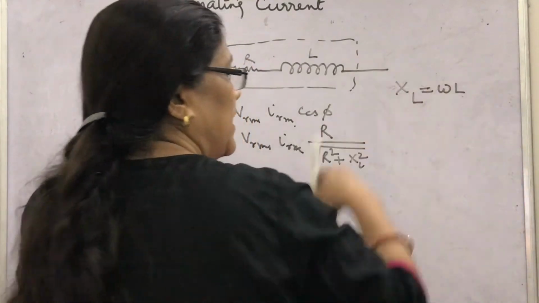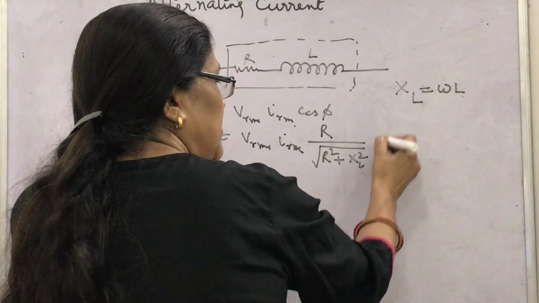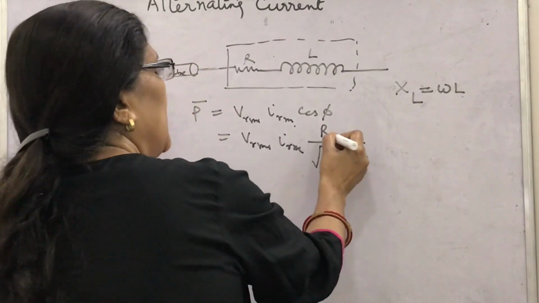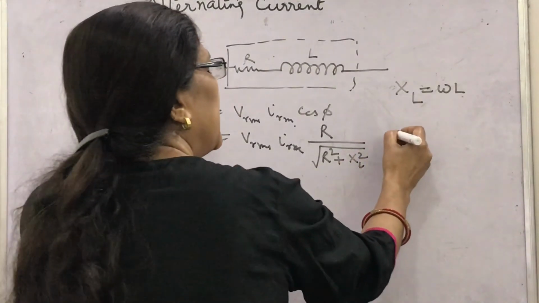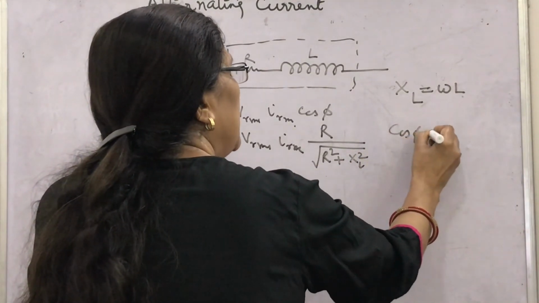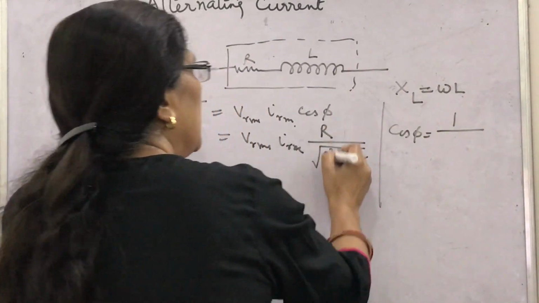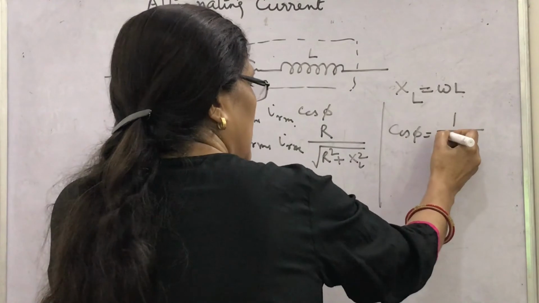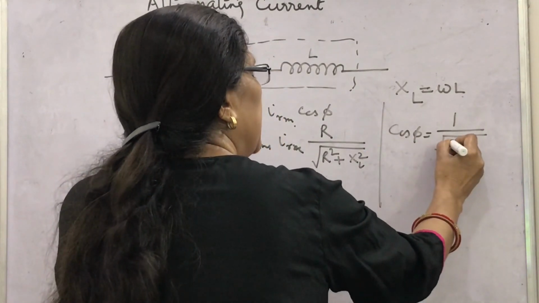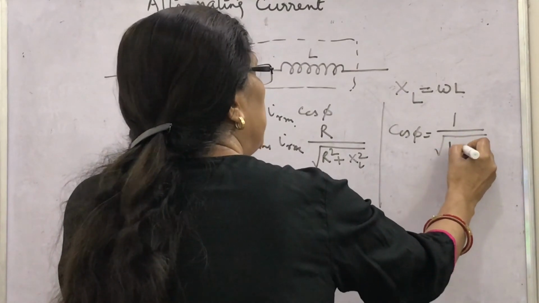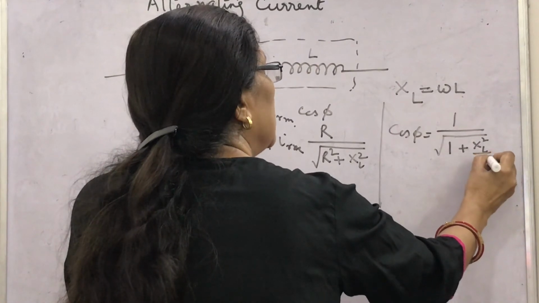XL is omega L. If you bring R in the denominator, then cos phi can be written as 1 upon under root 1 plus XL square upon R square.